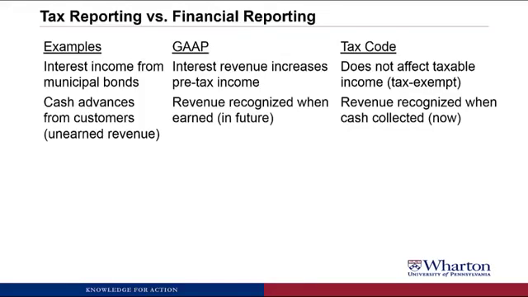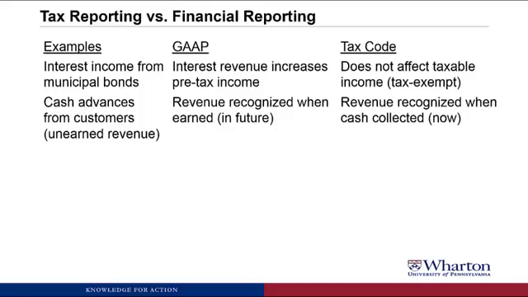When you get cash advances from customers, so you get cash from customers before you deliver the goods or services, on your financial statements, we don't recognize revenue at that point. We only recognize revenue when it's earned, when you deliver the goods, in this case. So that's going to happen in the future, and this won't affect your pre-tax income. But on the tax code, as soon as you collect the cash, the revenue is recognized.